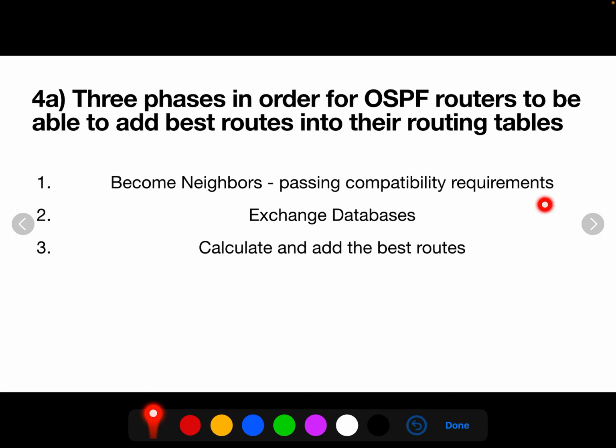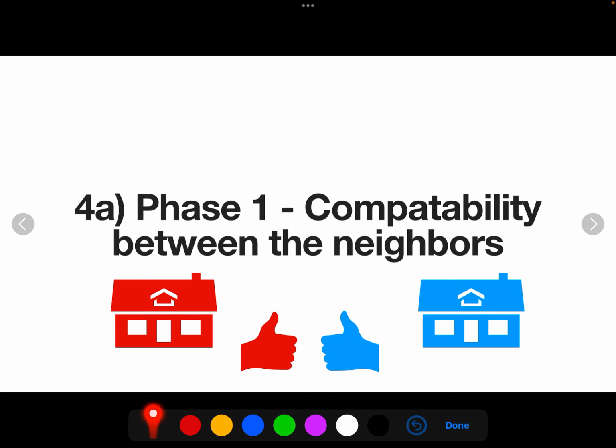Very important: to become neighbors, there need to be compatibility requirements that are passed. Then exchanging the databases. And then number 3, calculating and adding the best routes into the routing tables. So phase 1 is compatibility between the neighbors.